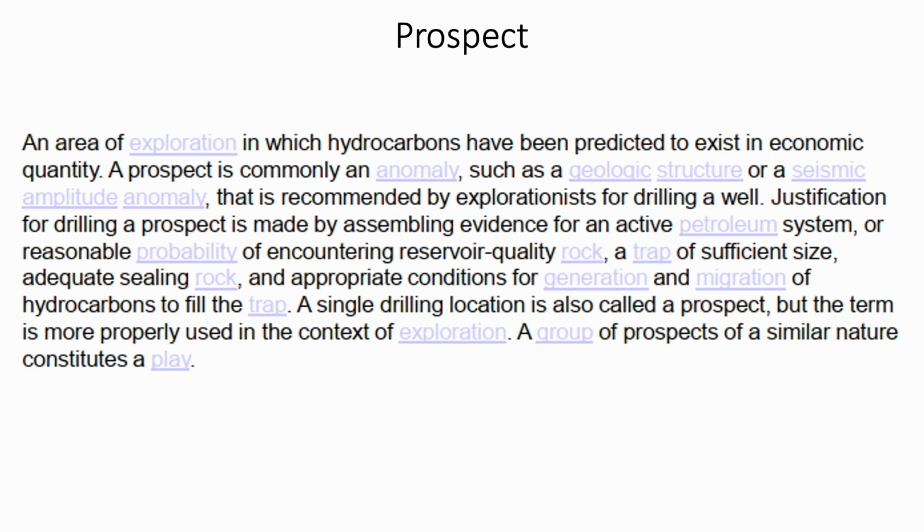A prospect is one specific location for drilling, while a play is a large region with multiple prospects. Why does this matter? Drilling is expensive. Identifying a strong prospect helps companies reduce risk and increase the chance of a successful oil or gas discovery.